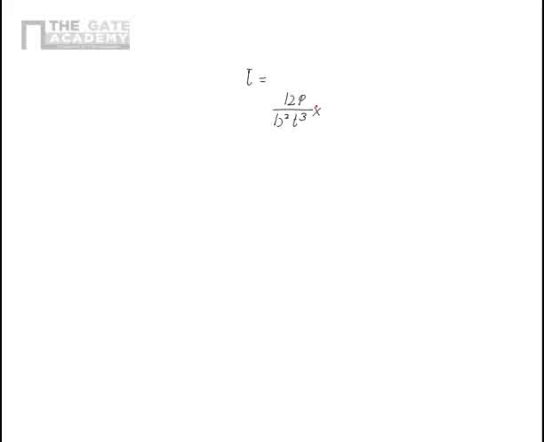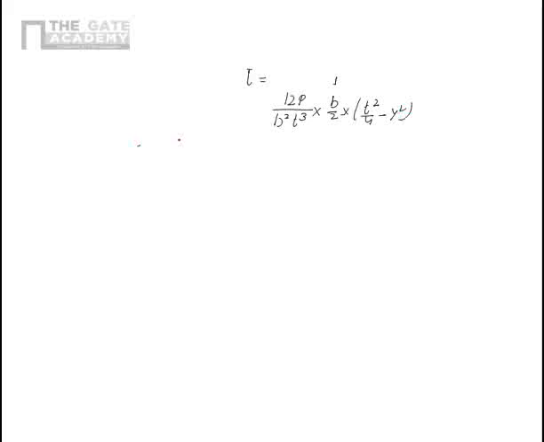Now Q is nothing but b by 2 into t square by 4 minus y square.